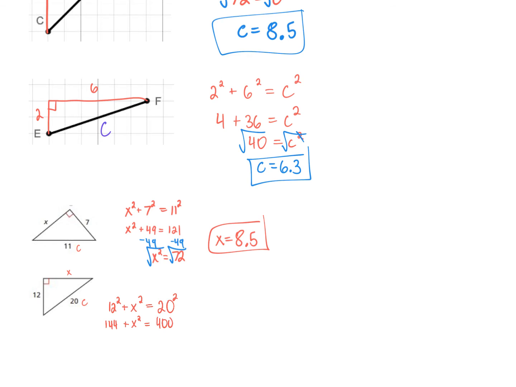Now I want to solve for x, so I'll subtract 144 so I can start to get that x all by itself. So I get that x squared equals 256. And to get plain old x by itself, I will take the square root. And I get that x actually works out to a nice even 16 on this one.